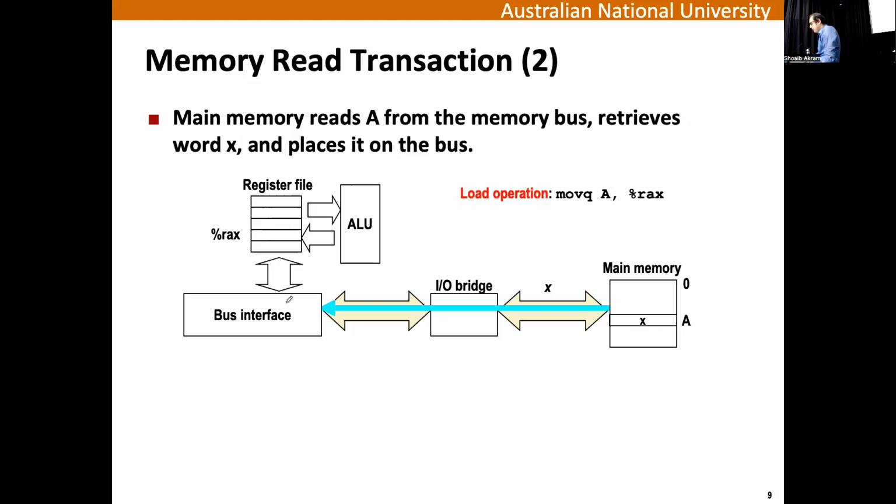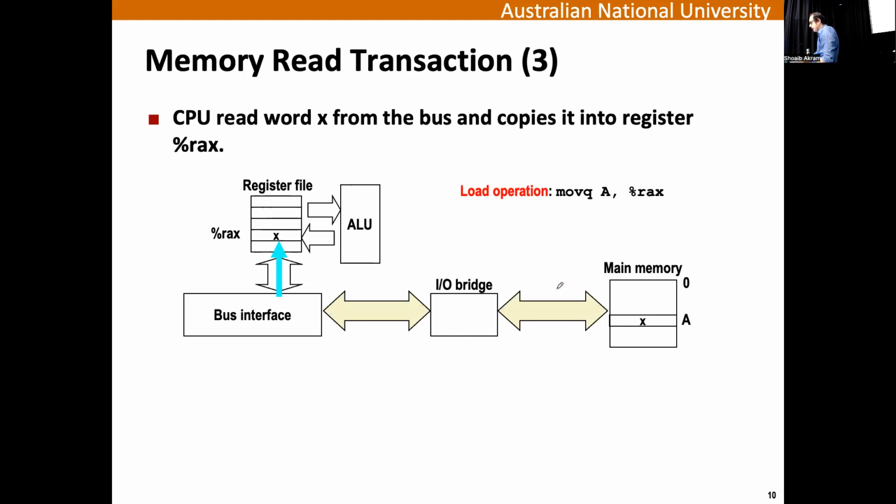So we give the address to the IO bridge, the memory controller inside the IO bridge translates, takes the address, sends it to memory, address A, memory returns X, and X is stored back in the register file.